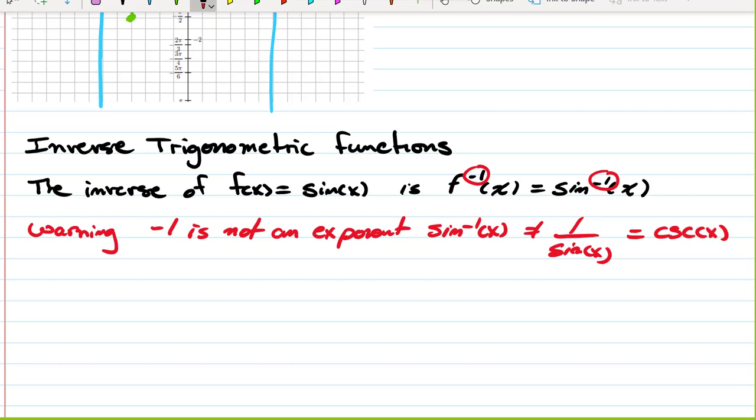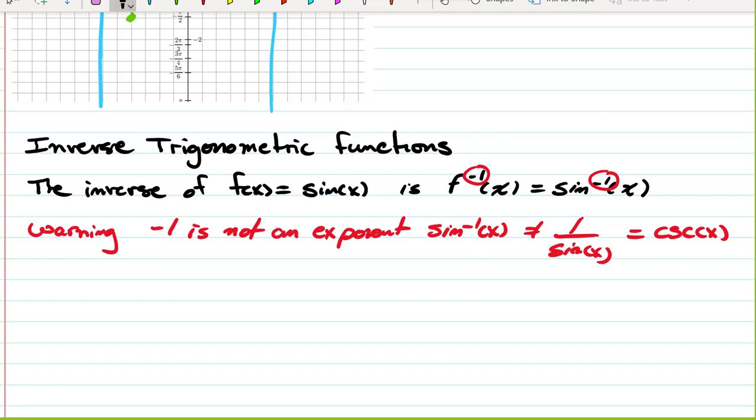For trigonometric functions, when we're writing the inverse, we put a negative 1 where we would normally put an exponent. But we know it's not a negative exponent, it means 1 over, because if we want to write 1 over sine, we don't write 1 over sine, we write cosecant. We have a function for that already.